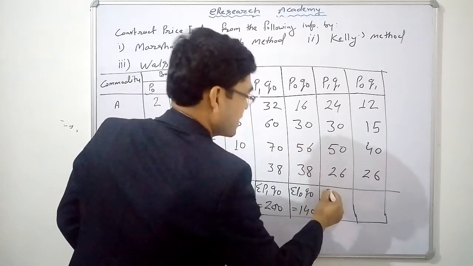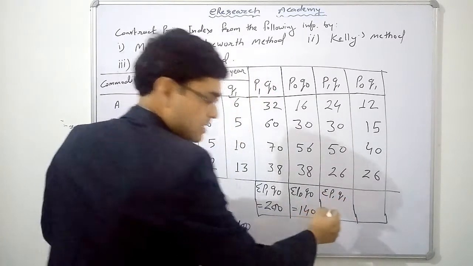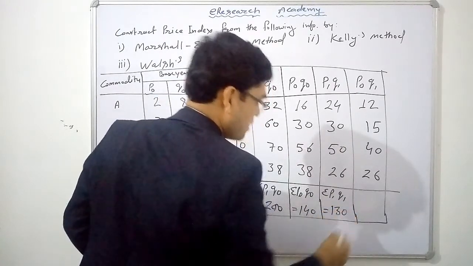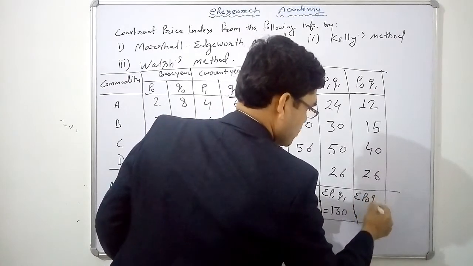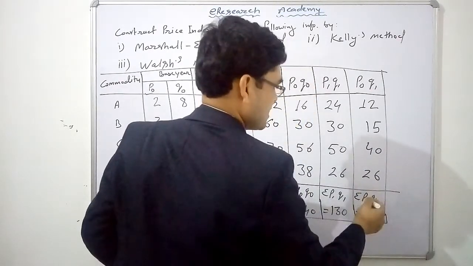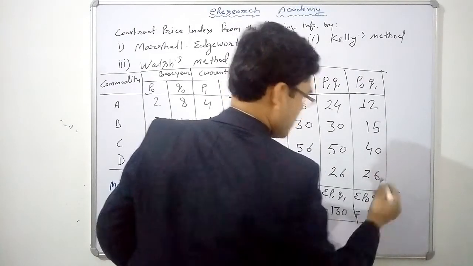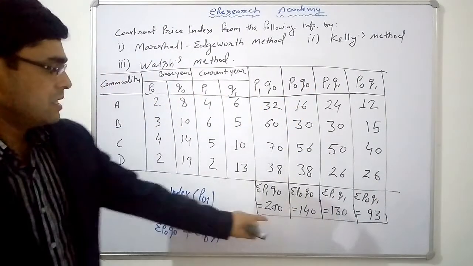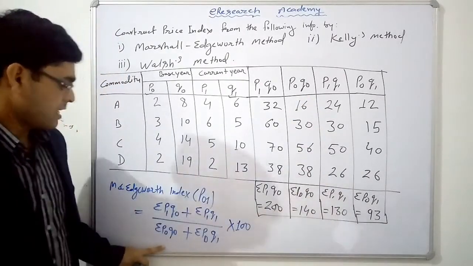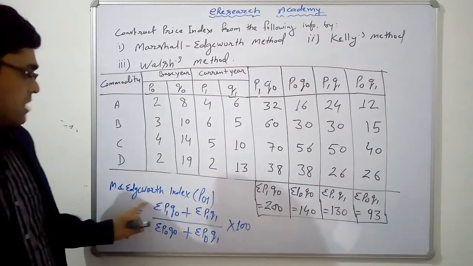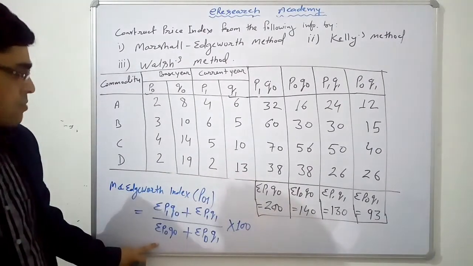Sigma P1 Q1 gives us 130. And the last one, sigma P0 Q1, is 93. So these are the column totals that we need for getting our answer by the Marshall and Edgeworth index method. Now put these values in the formula.